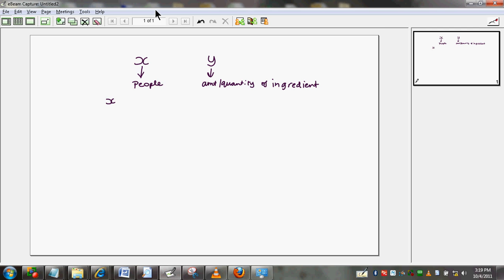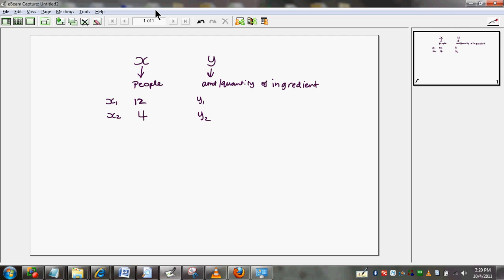So if we look at X1 and X2, Y1 and Y2, in this case, X1 would be the first amount of people they mentioned, which was 12. X2 is the second amount of people they mentioned, 4. Y1 would be the first amount of the ingredient they mentioned.